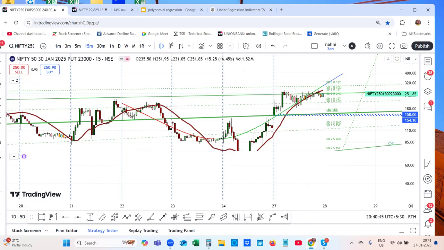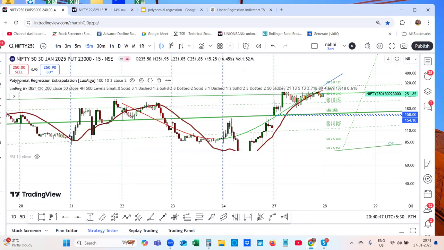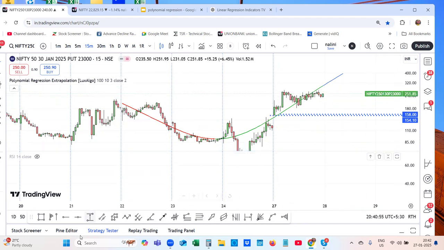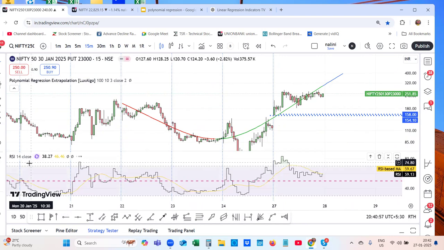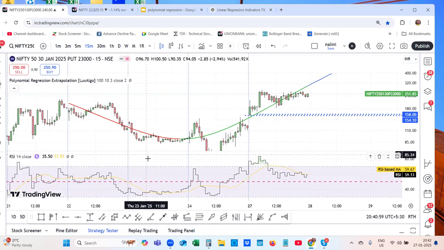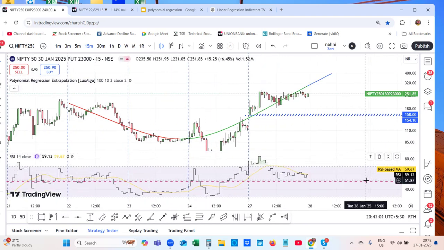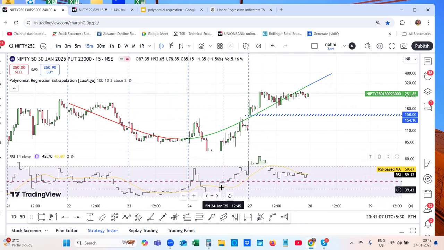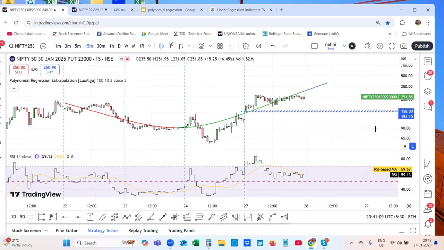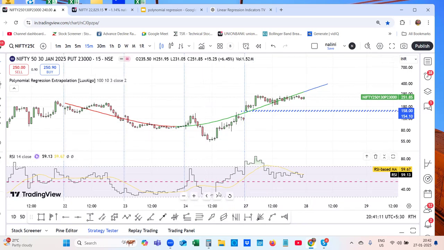Suppose I am not applying this polynomial regression or linear regression. Let me remove the linear regression and combine my analysis with the RSI. See, the RSI trend was up from the previous day.